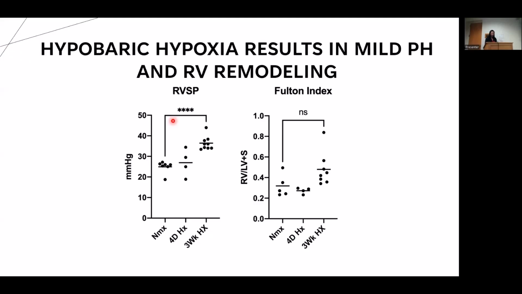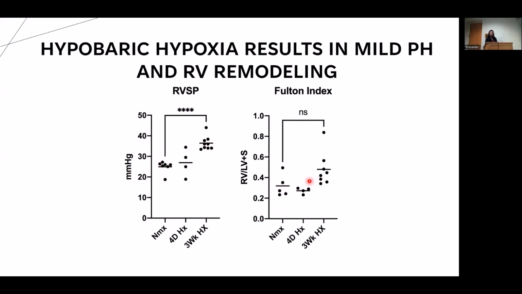In hypobaric hypoxia, in our mouse models, this results in some mild pulmonary hypertension and mild RV remodeling. In our hands, at 3 weeks, which is considered a more chronic hypoxia exposure, we get elevations in the right ventricular systolic pressure to about the 35 to 40 range, which is above the normoxia range, where normal RVSP is 25.